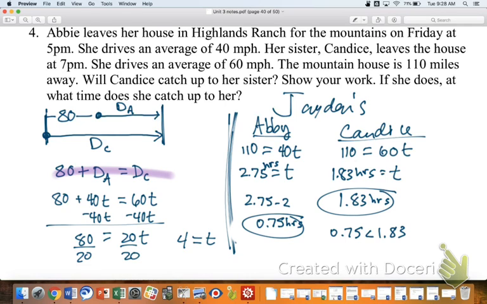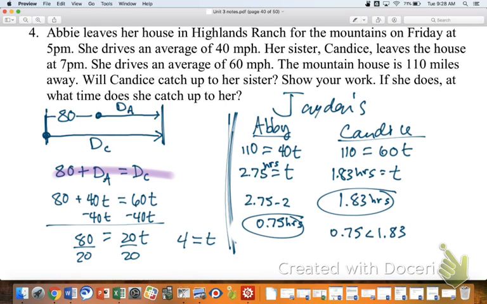So if you added 5 hours to Abby's time, that would tell you the time of day that she actually got to the mountain house. And then with Candace, it would tell you the time of day that she got to the mountain house, which could then still be used, but you want to be careful when you mix those that you understand what the result means. That make sense?